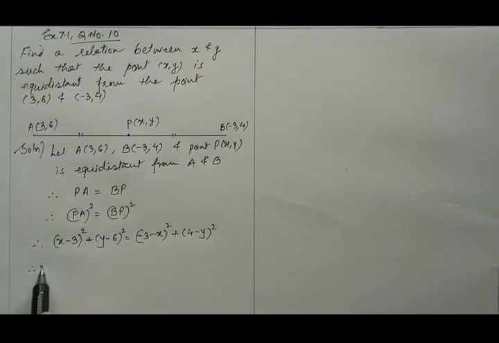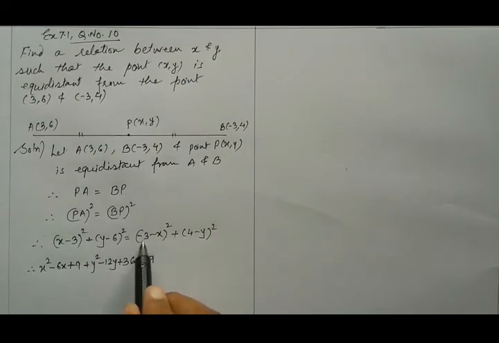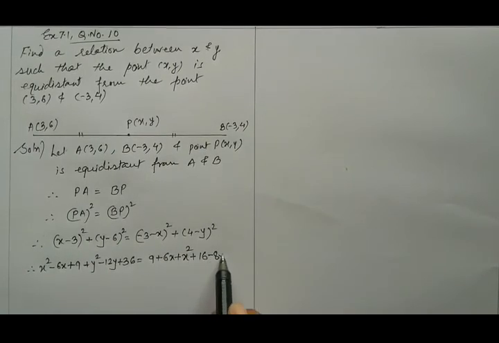Okay, so therefore x square minus 6x plus 9 plus y square minus 12y plus 36 is equal to minus 3 square is 9 minus 2ab. So a is minus 3 and this is x, so this will become plus 6x plus x square plus 16 minus 8y plus y square.